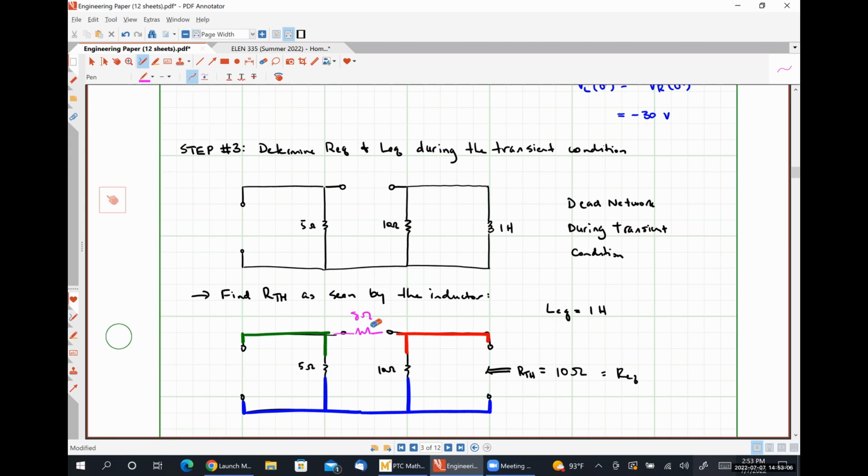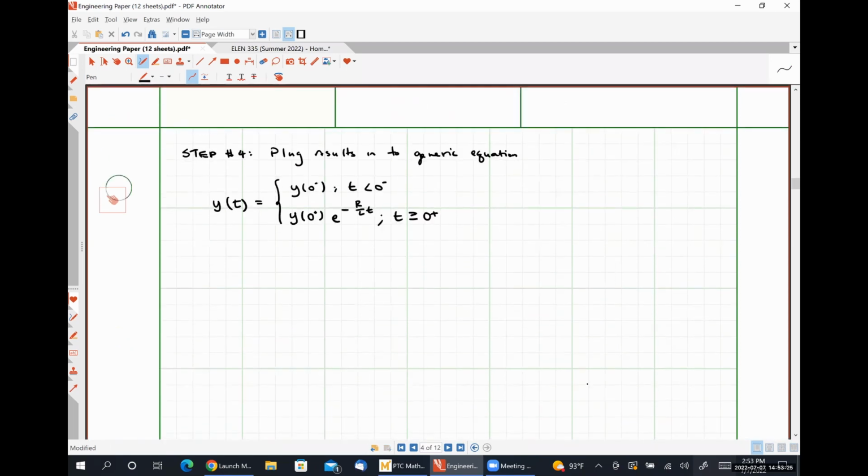But because we have that open circuit from the switch, disconnecting the 5 ohm resistor from the inductor, the 5 ohm resistor doesn't show up in our equivalent resistance. Okay.